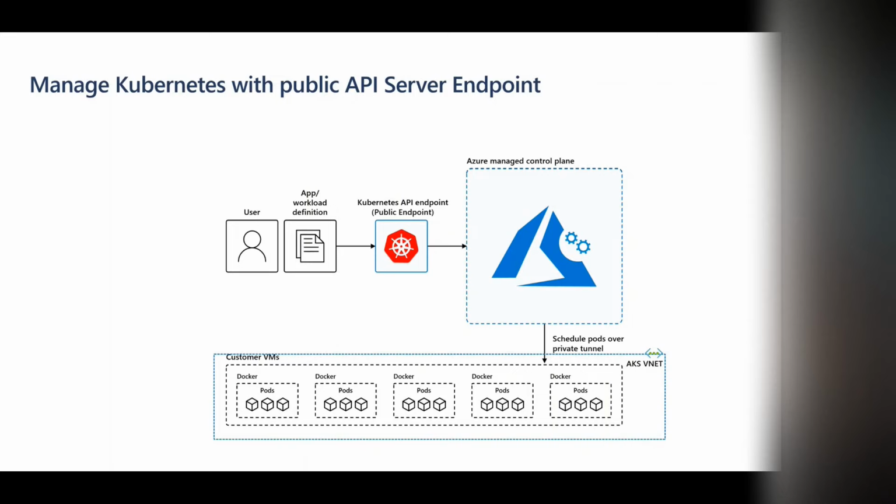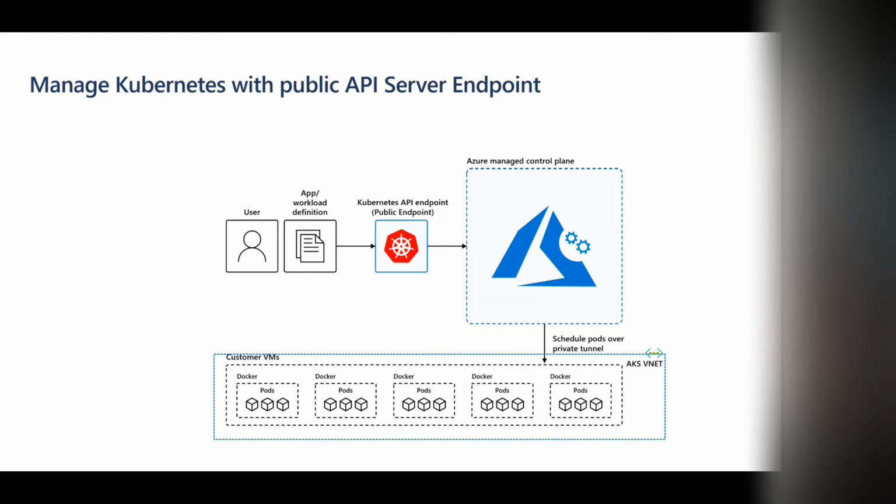It's a REST service that you send commands to, to deploy your application and check on the status of nodes, pods, services, things like that. And if you are using kubectl, basically you're talking to the API server. When managed Kubernetes started, there used to be only a public endpoint, so you accessed the API server through a public IP.